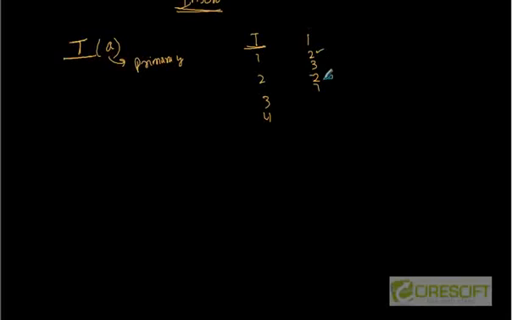Let's assume that I have a table T, and this table T has a column called A, and this A is a primary key. That means in table T I can have 1, 2, 3, 4, but I cannot have 1, 2, 3, 2, 1 because this is duplicating.